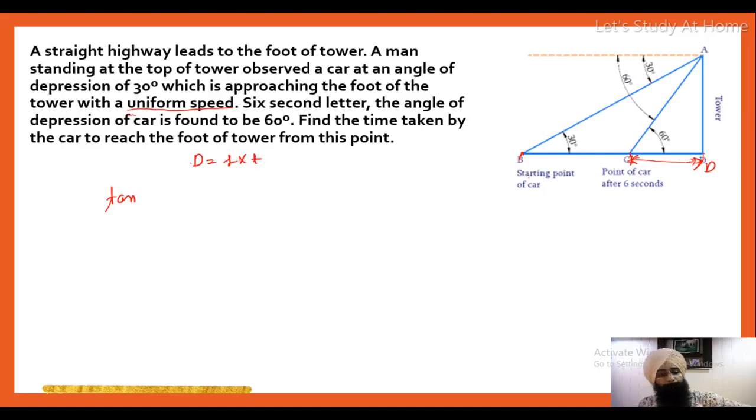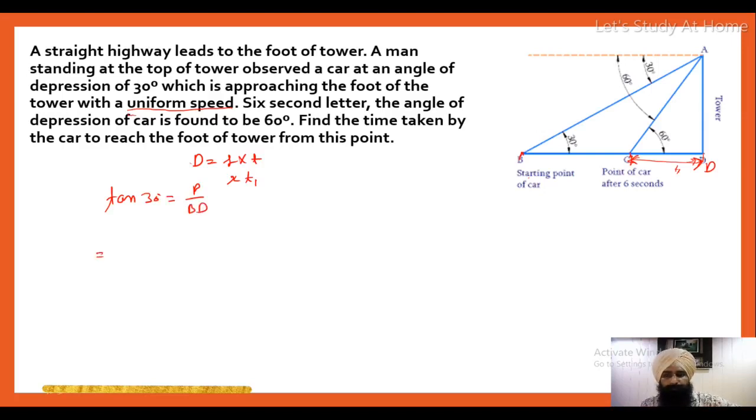Okay ji, speed is speed, take it as x, and time is t1 to cover distance CD. So firstly, tan 30 degree is equal to perpendicular over BD.